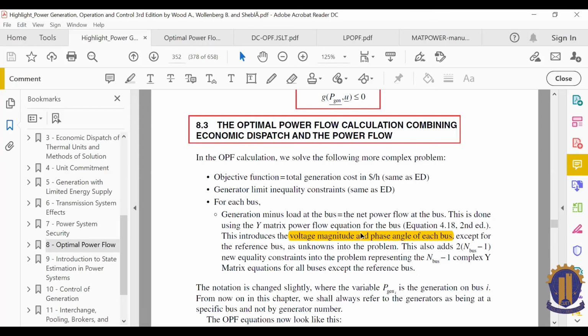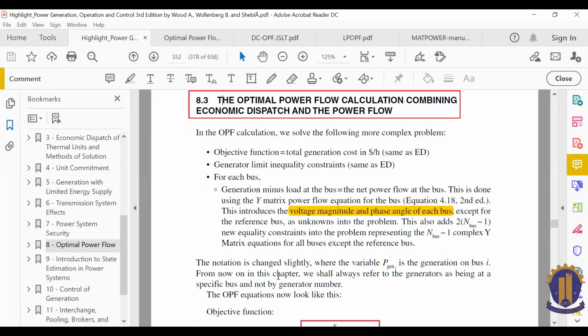So except for that, there are 2n-1 new equality constraints in the problem. And why 2 times? Because both real power and reactive power constraints are considered. So in this way, we have these inequality constraints and equality constraints in the system.